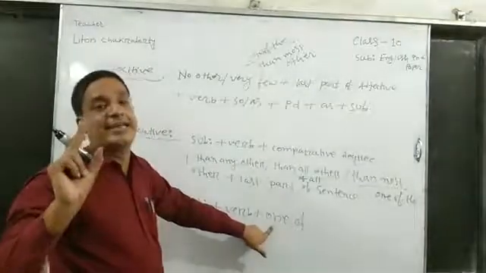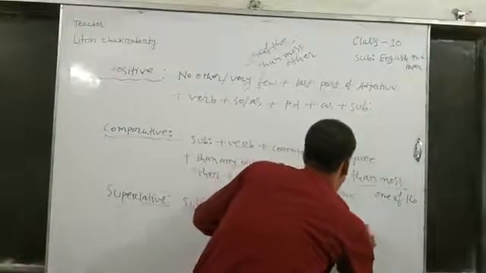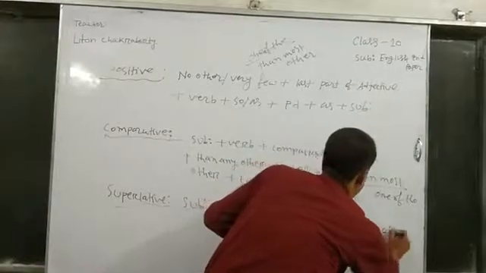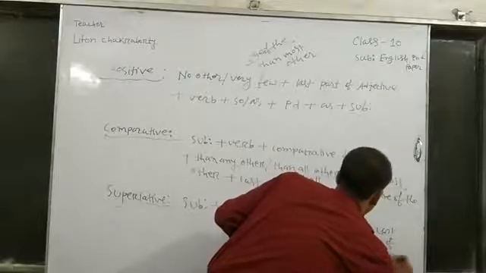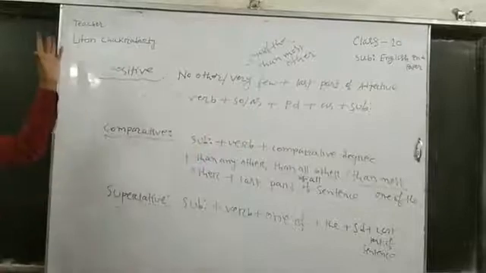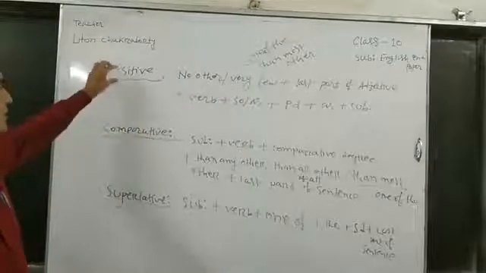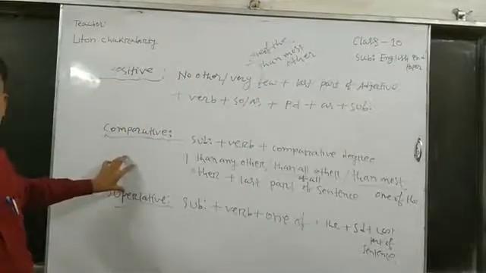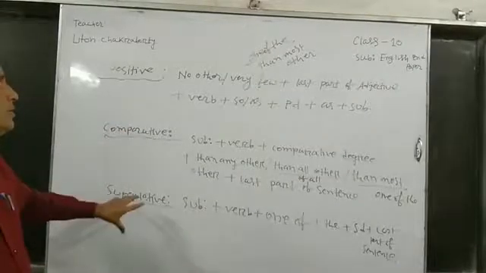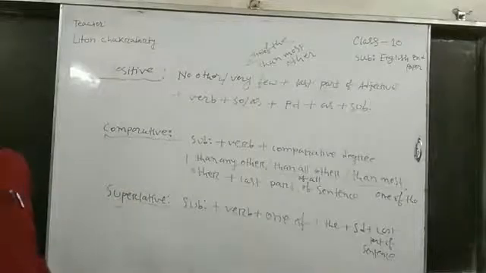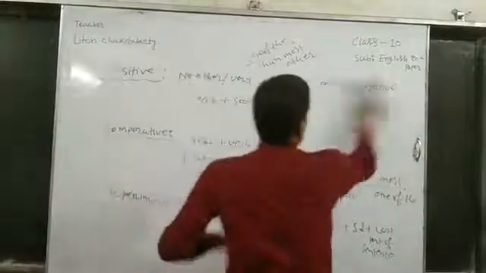But the is certainly needed in superlative degree: one of plus the plus superlative degree plus last part of the sentence. You can follow these structures for changing degree very easily, but you must exercise them very clearly.